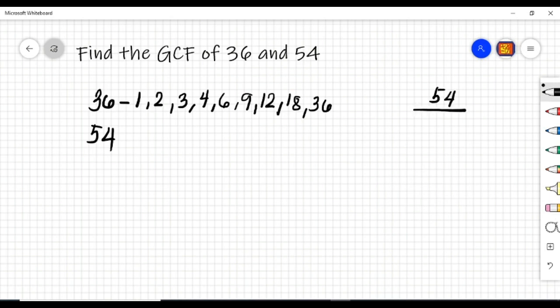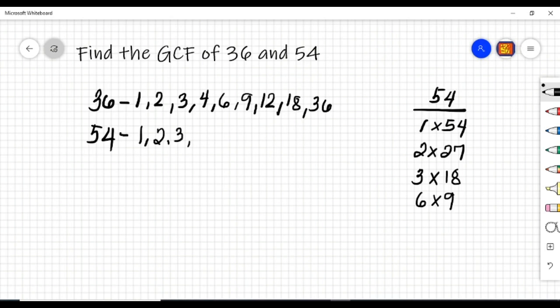Okay, so let's have 1 times 54, 2 times 27, 3 times 18, and 6 times 9. You have 1, 2, 3, 6, 9, 18, 27, and 54.